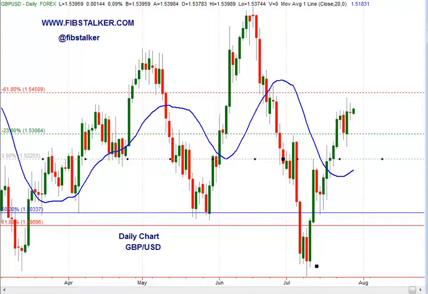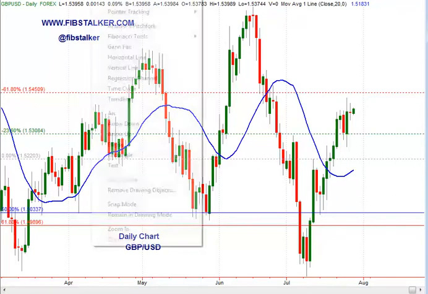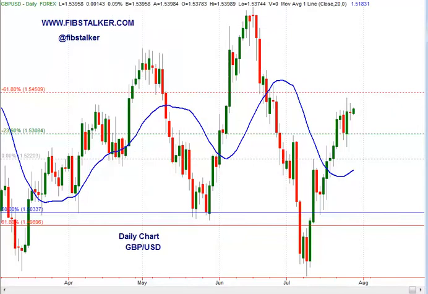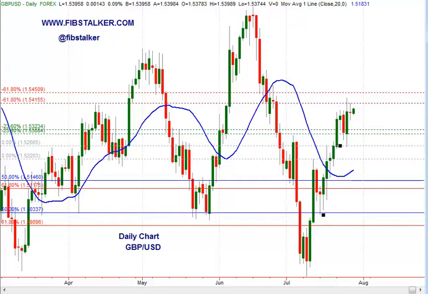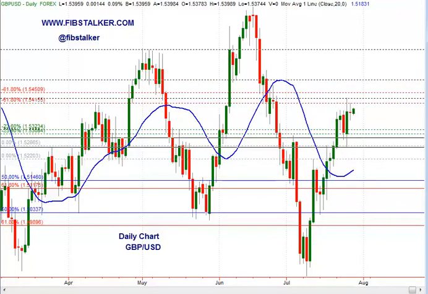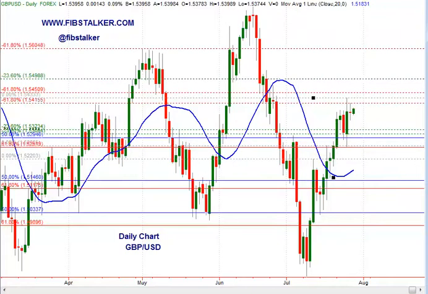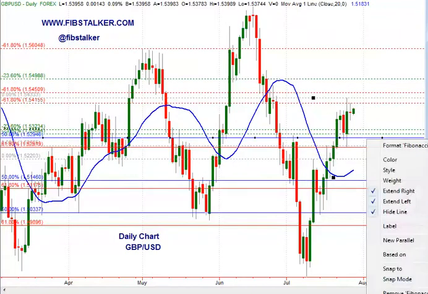So there were some measured moves within this move, and we can see them on the daily chart as well, and they're very similar to what we got in the euro. And what is important here is that we can actually model the sequence we had with this measured move here, and we still are in a sequence of measured moves higher.